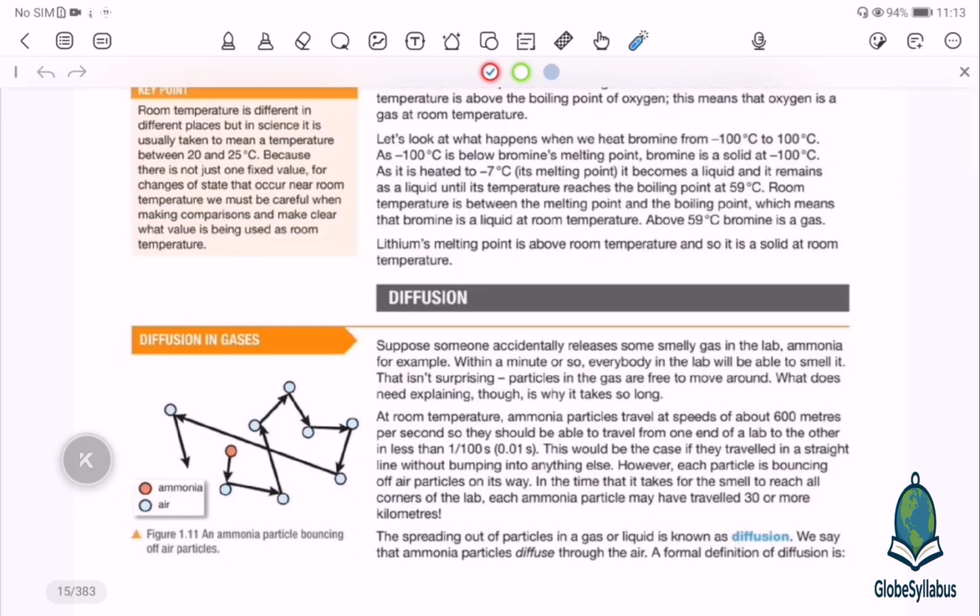And here we got diffusion. So what is diffusion?